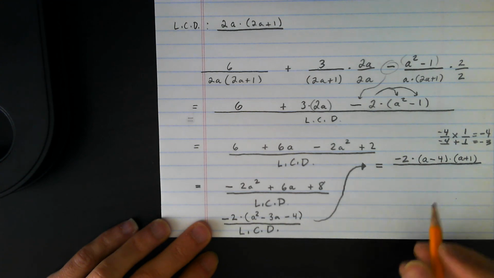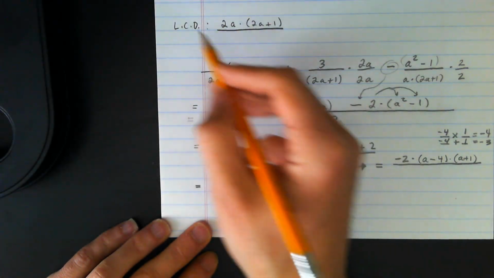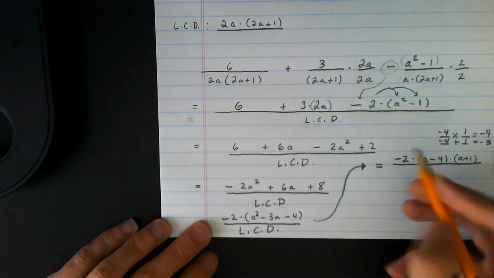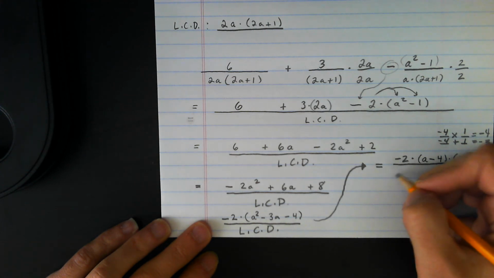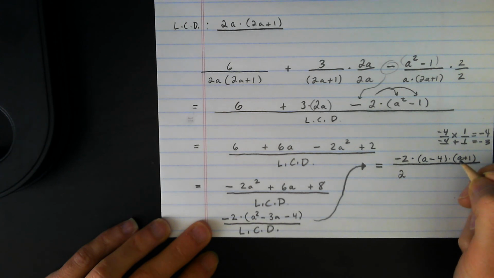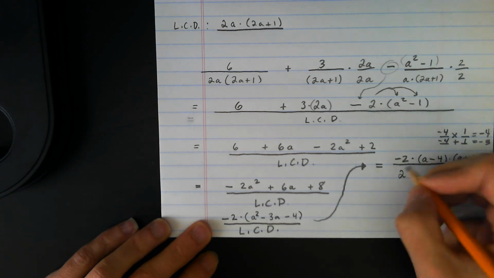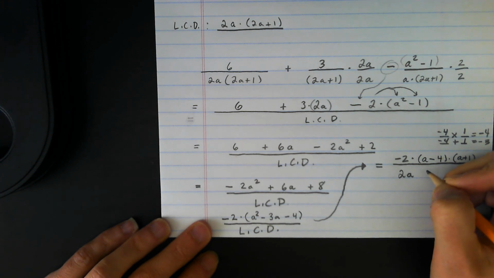Okay, now I'm just going to write my LCD here. I'm going to use this LCD and replace it. What do I get? I get 2 times a times 2a plus 1.